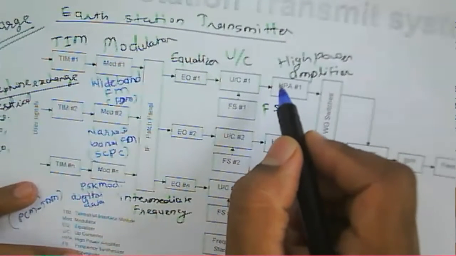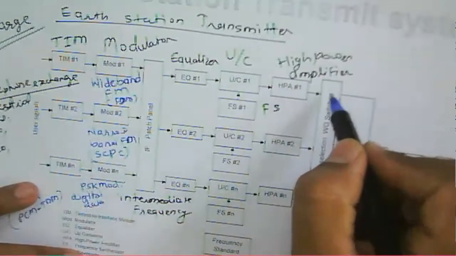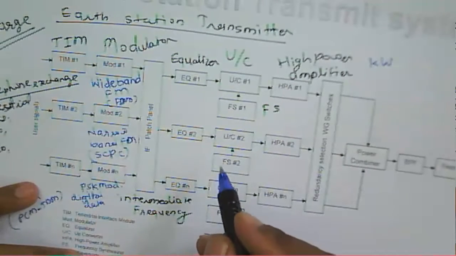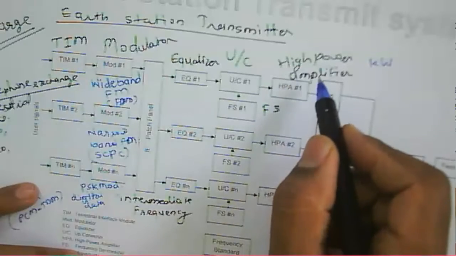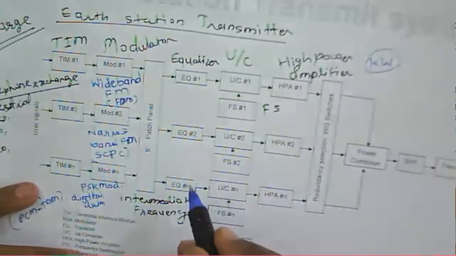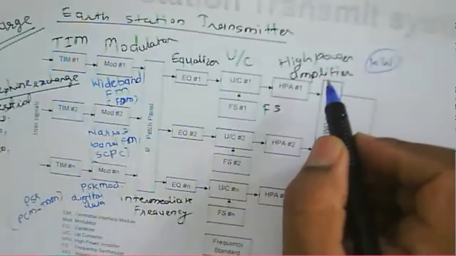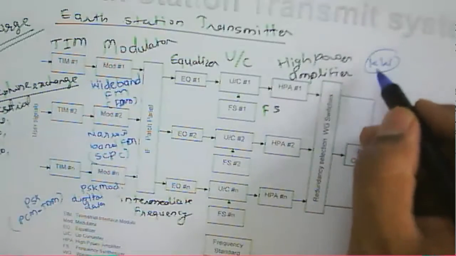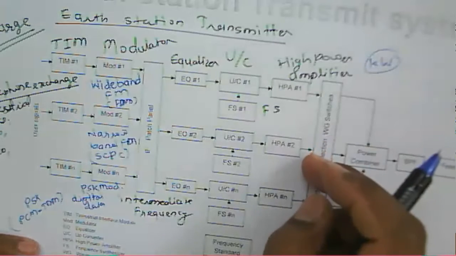In that case, the power level in that large earth station will be in terms of a kilowatt here. So that's why the high power amplifier will generate the signal in terms of a kilowatt there. Suppose it is a medium earth station, in that case it will generate the appropriate power level operating in that given particular bandwidth there.